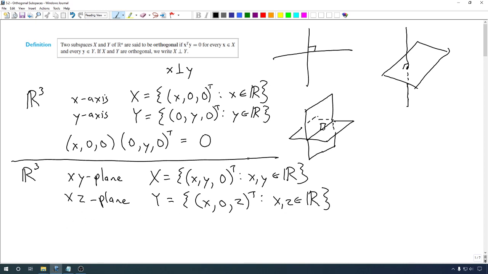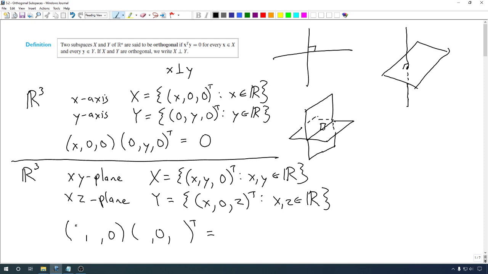And let's look at the scalar product of a vector from X and a vector from Y. So we have something like (x, y, 0) multiplied by (x, 0, z). Actually, let's pick particular ones. Instead of saying x, y, and z, let's pick numbers.